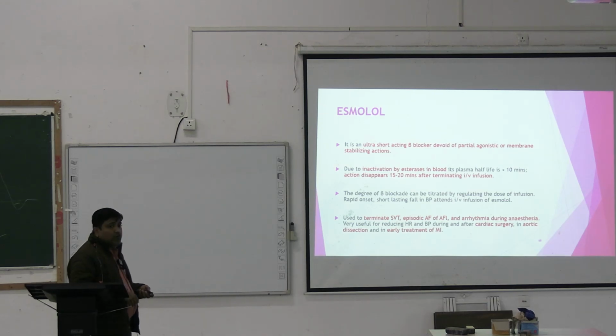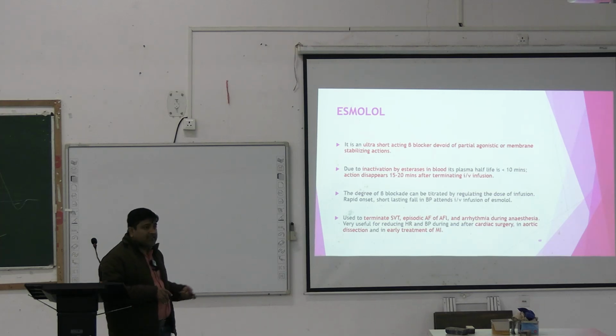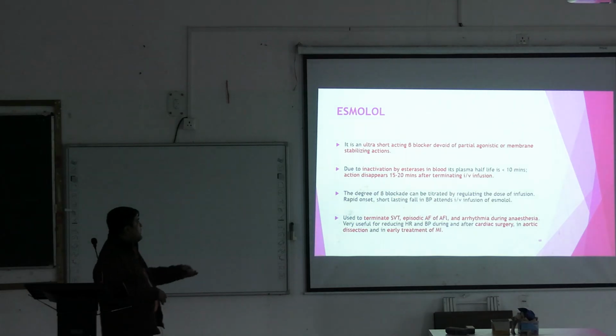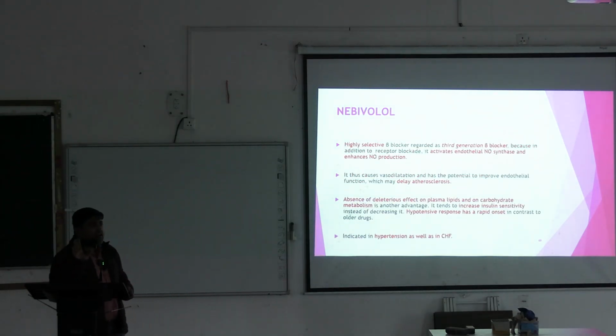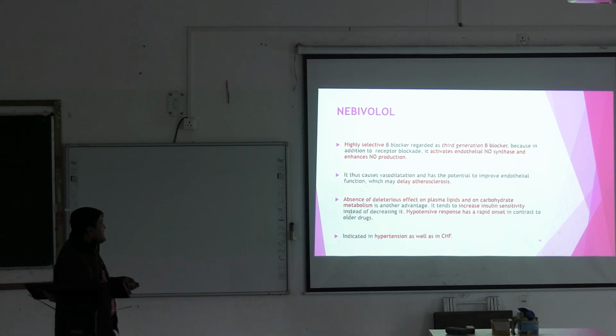They are also useful in decreasing heart rate and BP in patients of cardiac surgery, in aortic dissection, and in early treatment of MI. Nebivolol is the third generation cardioselective beta blocker having additional vasodilatory action.